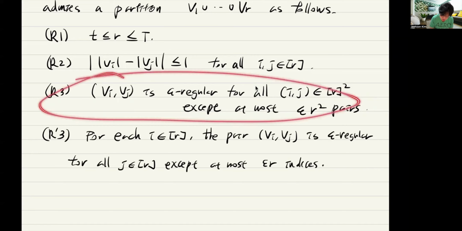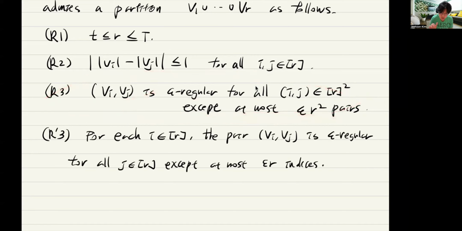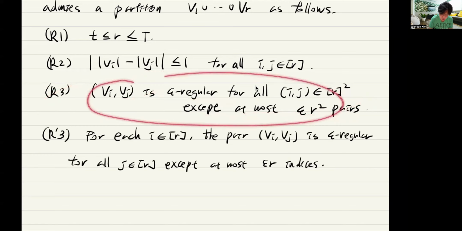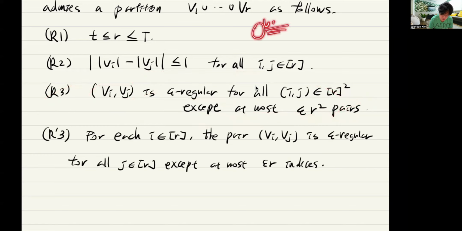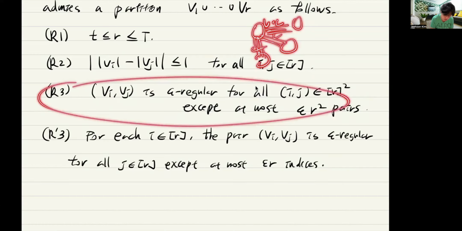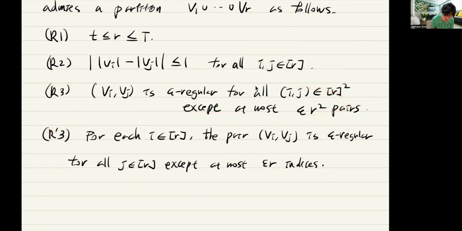Before, it didn't say anything about how these non-epsilon-regular pairs are distributed. For all we know, there could be a Bi such that everything paired with it is not epsilon regular. We can actually ensure that this does not happen.